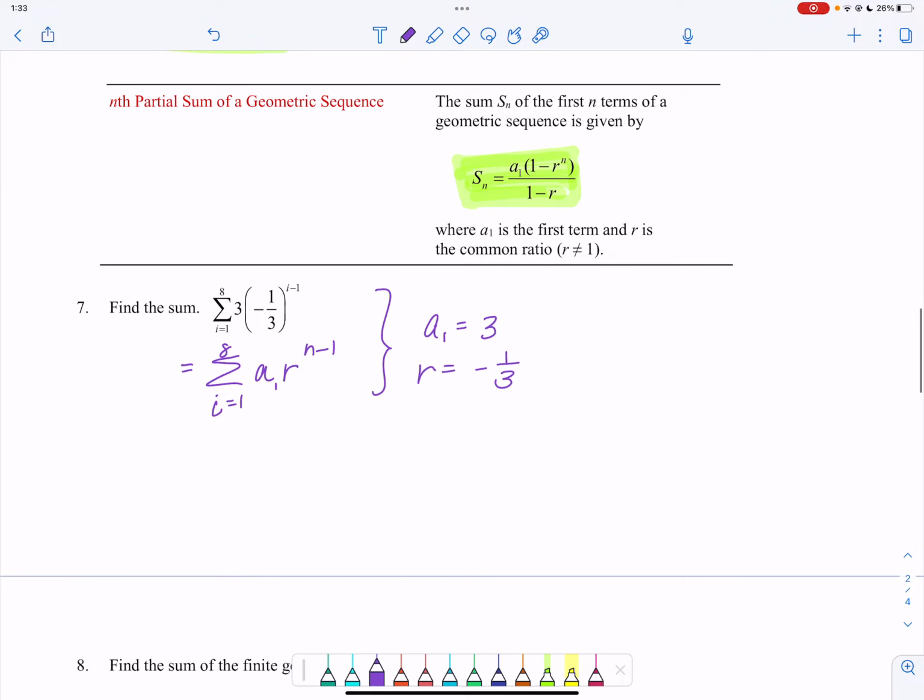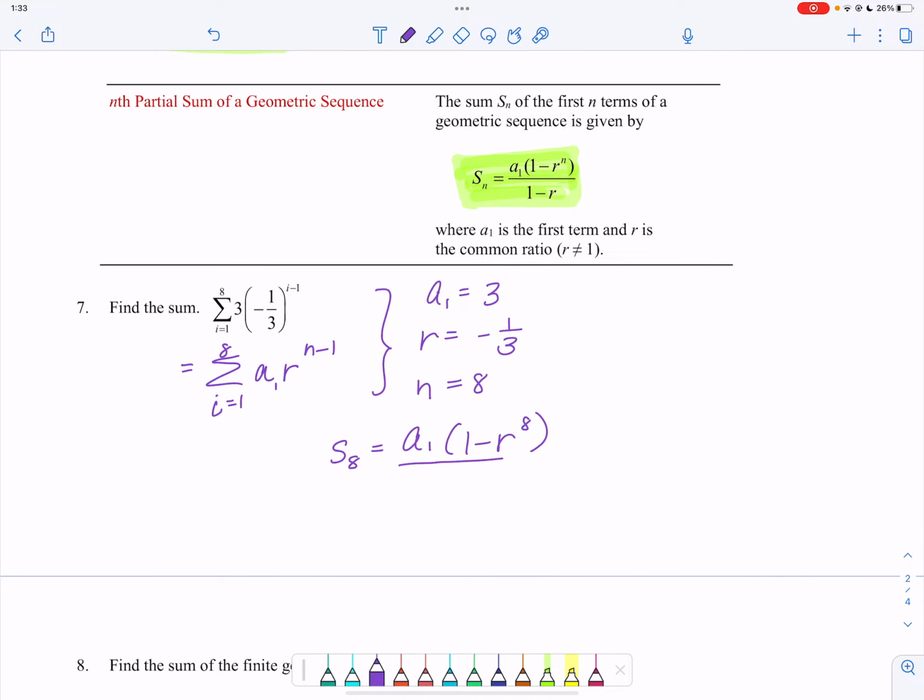So with that, the sum of the first 8 terms, and here n is 8, so now if we want to find s sub 8, we will have a sub 1, 1 minus r to the 8th power divided by 1 minus r, and we come up with 3 times 1 minus, and here we'll take a negative 1/3, and we are going to raise that to the 8th power and divide by 1 minus a negative 1/3.